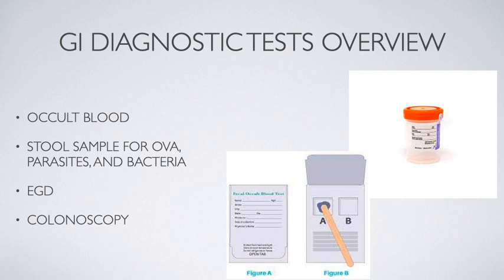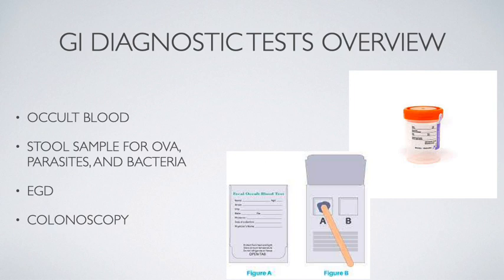We also have the occult stool slide right there in the bottom left. We'll talk about that in a second, actually. The other two things we want to be aware of with the GI system are EGDs and colonoscopies, esophagogastroduodenoscopy and colonoscopy.